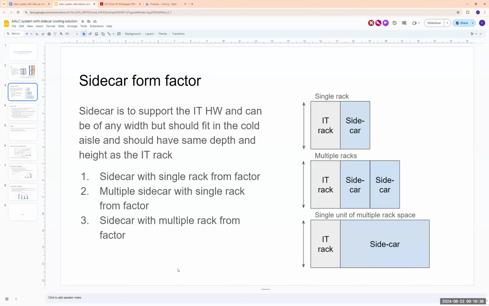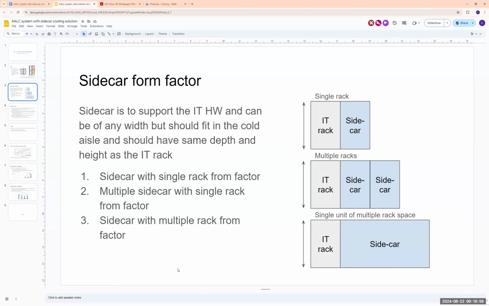And next, the sidecar form factor definition. This is something I think we overlooked in the document, but when I thought about the definition of the sidecar, it can be implemented in multiple ways.